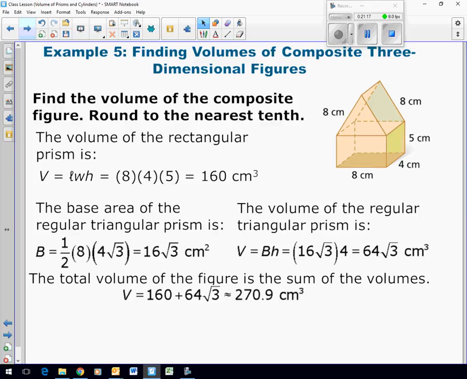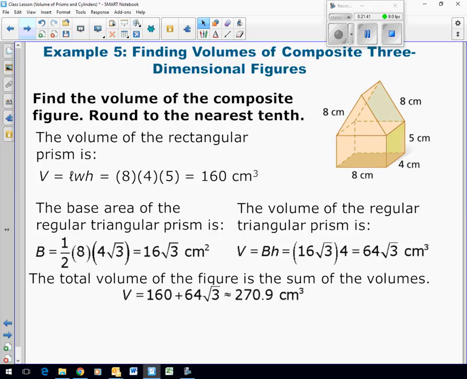Cool. One last thing I want to talk about today. They're called composite figures, okay? They're really, really easy. Here's why. It says find the volume of the composite figure. Mr. Hobbs, how do I do that? Simple. How many different figures do you see up there? 2. There are 2 different 3D figures, right?